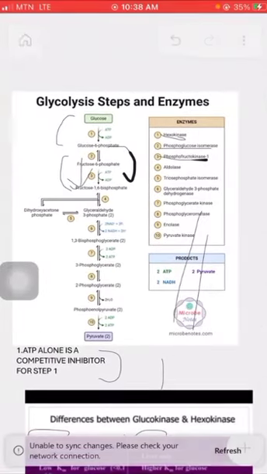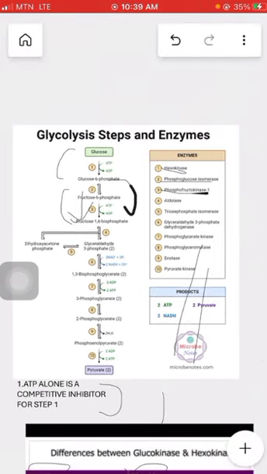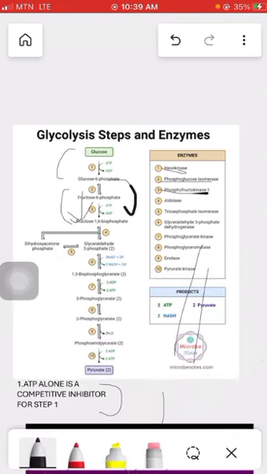Let's look at it here. So you can see that the fructose 1,6-bisphosphate is being converted to these two molecules, dihydroxyacetone phosphate and glyceraldehyde 3-phosphate. That is step 4.